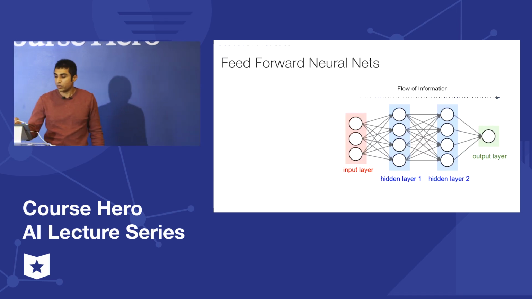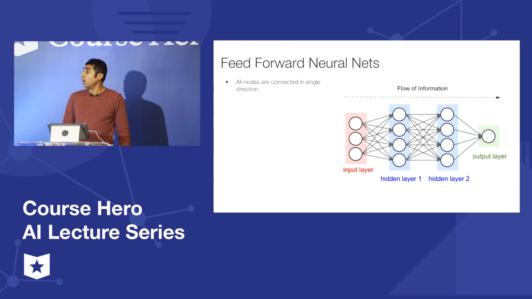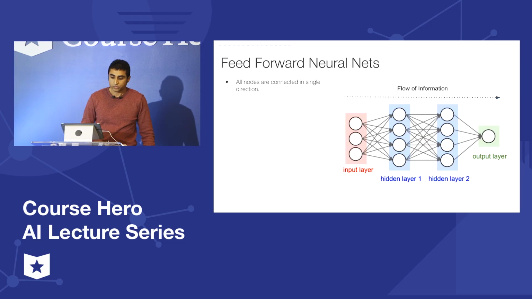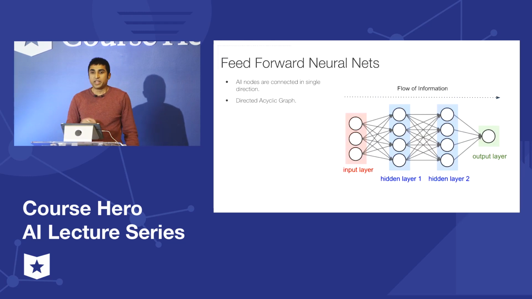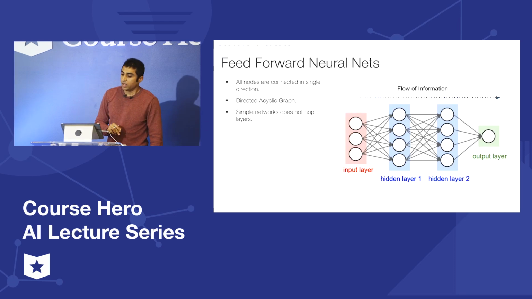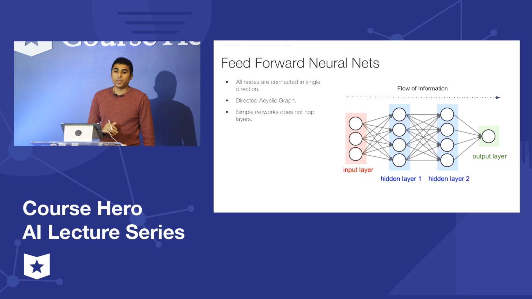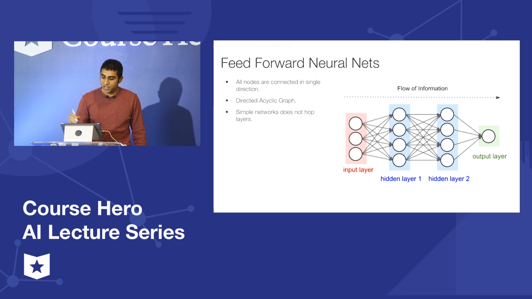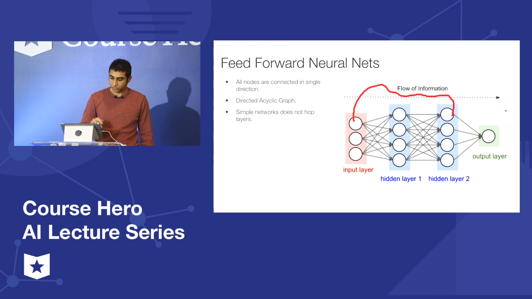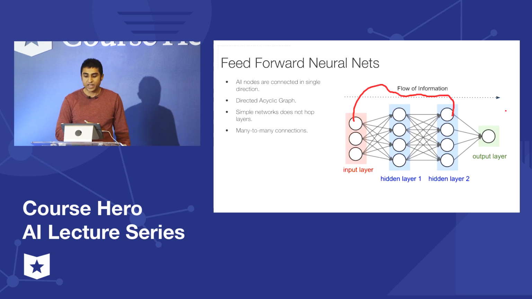The feed-forward neural network has certain characteristics. All nodes are connected in a single direction, moving forward. It's a directed acyclical graph. There's no cyclicality, at least in a feed-forward neural network. It's a simple network with no hop. That means you would not see connections that go like that. The connections are always moving forward. It is many-to-many connections.